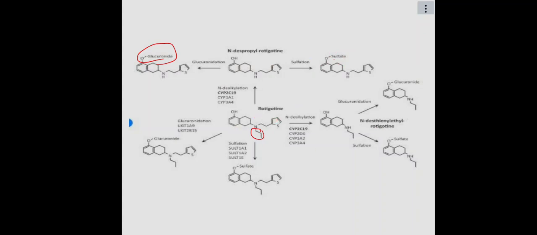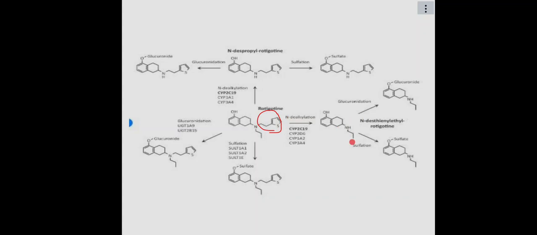Then you also have the rotigotine. Rotigotine can also lose the whole of this group, as we have said, through oxidative N-dealkylation, catalyzed again by the mixed function oxidases. So you can see now this, we can call it the N-propyl, this one the ethyl thiophene, because that's a group that you've removed, and now you have the propyl group intact.